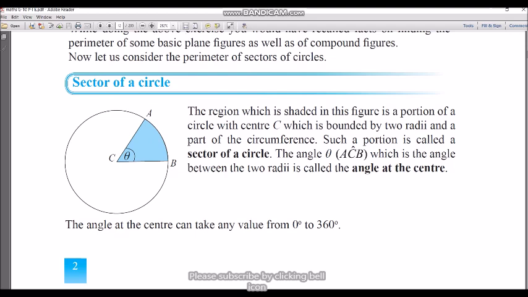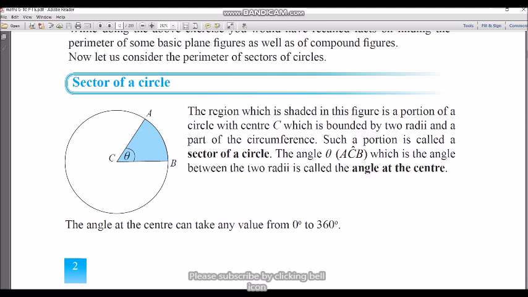A portion of a circle with a center which is bounded by two radii, we call a sector. This theta value is the angle at the center. So these are the new words we learned: sector and the angle at the center.